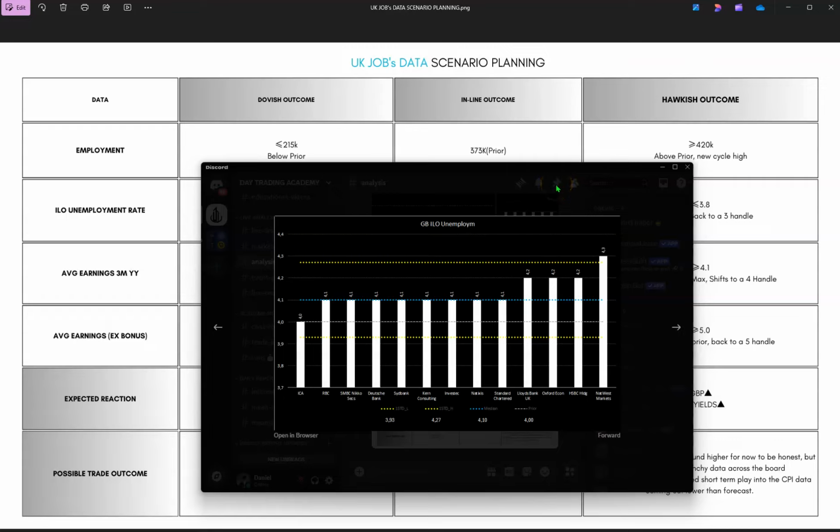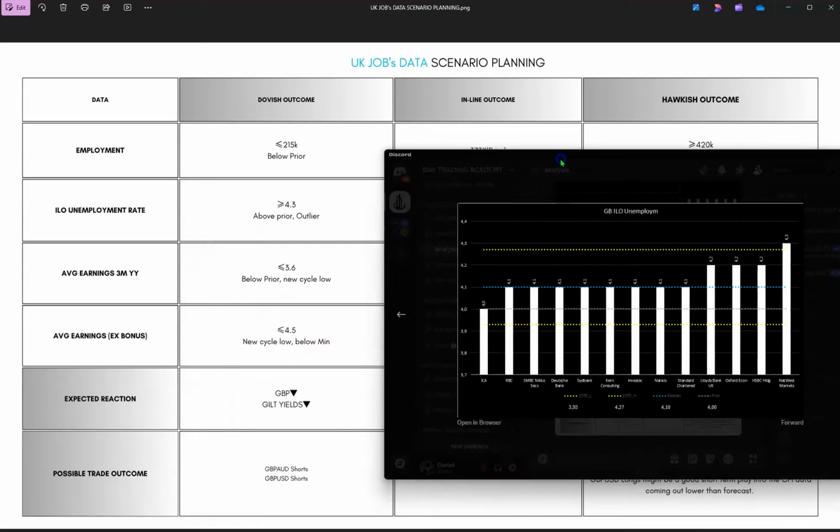So that's something I feel like is going to be pretty important for them if this comes out at a 4.3 or higher. I really don't feel we need to get to 4.4. I feel like a 4.3 is a clear outlier. Just one bank is expecting a 4.3, when the majority of them are expecting this to just go to a 4.1. So I feel like a 4.3 should just be enough.